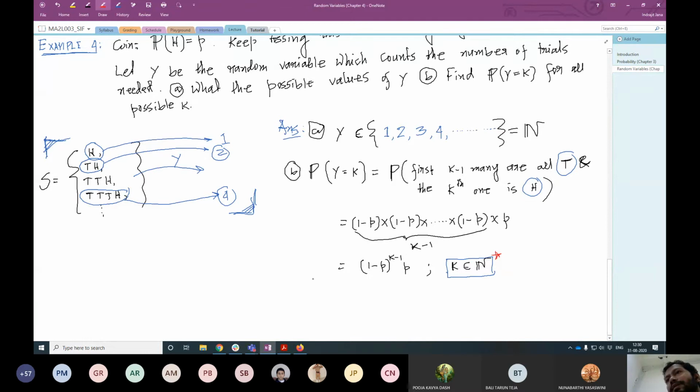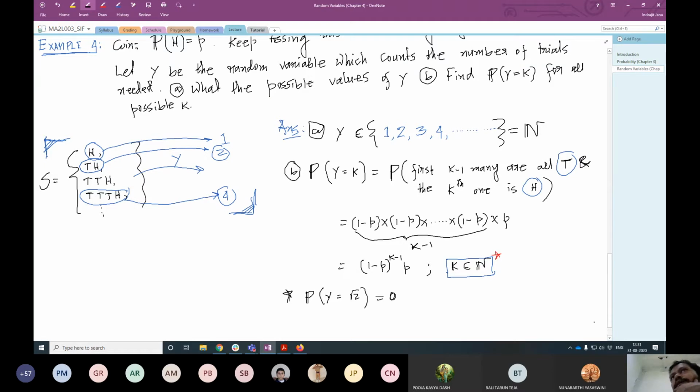Why? Because someone by mistake may put the probability of Y equal to, say, square root of 2. This probability cannot be obtained by 1 minus P to the power square root 2 minus 1 times P. In fact, this probability is 0 because K doesn't fall in this region. So it is very important you mention the range of K when you are writing this.